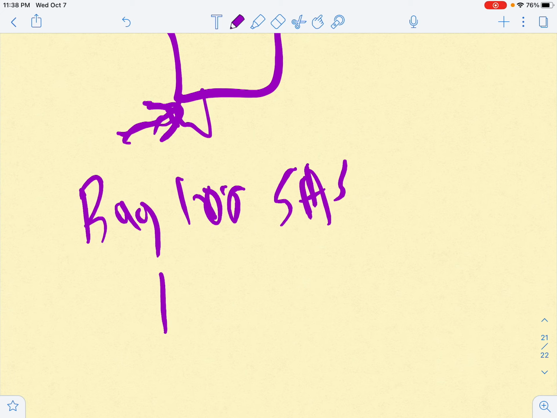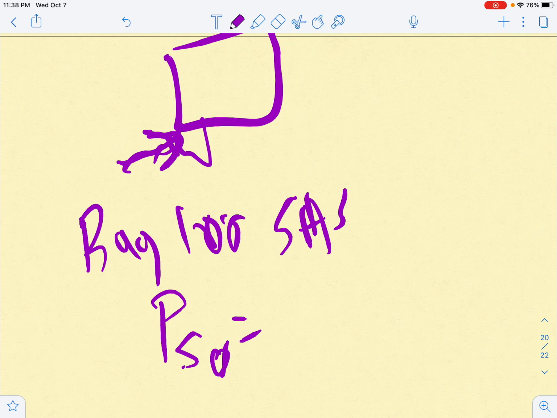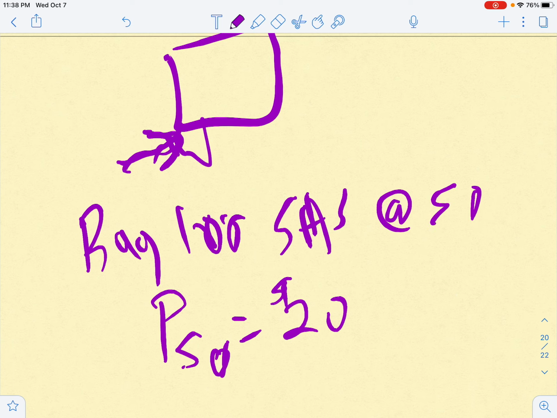Maybe the price of the stock of the firm now is, let's say, $20 a share, and you have a right to buy 100 shares at $50 a share. See that?